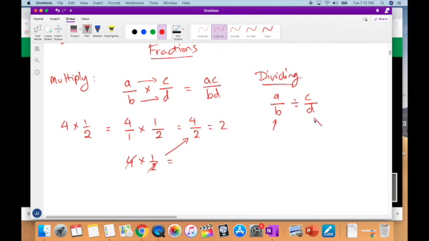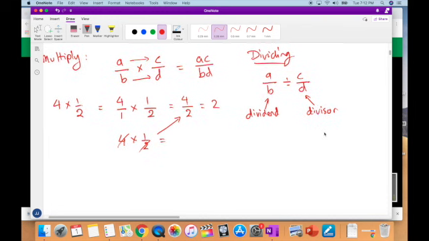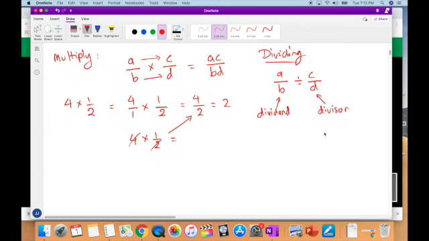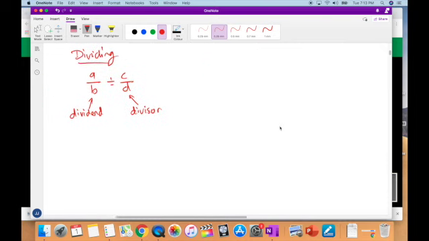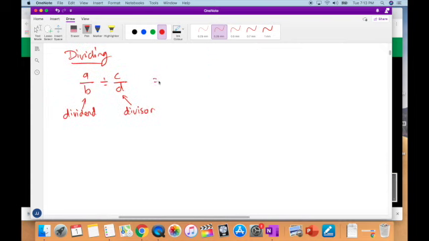And what do we call this? This is your dividend. And this is your divisor. Think of it like the Terminator. The Terminator does the terminating. So the divisor, the one that comes after, that one does the dividing. So therefore this is really a over b all divided by c over d.